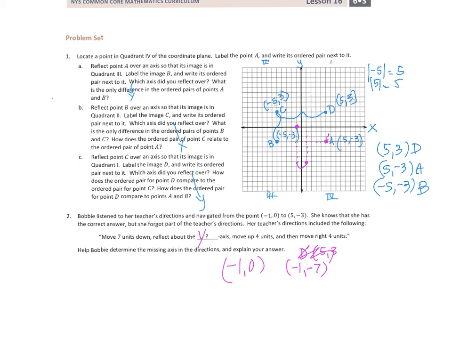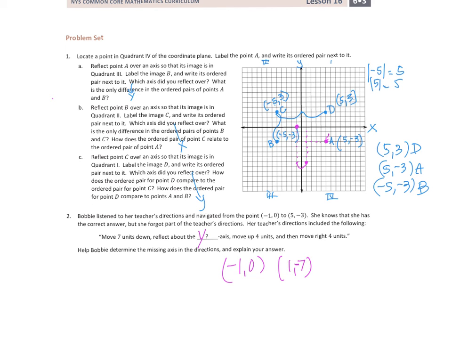I should erase that little piece. We'll just erase that whole thing. You know what? It's not 1, 7. It's 1, negative 7.